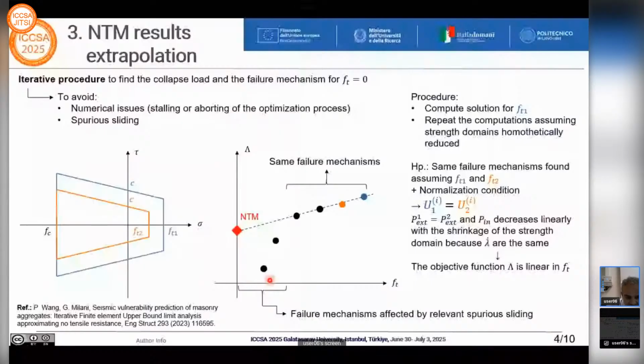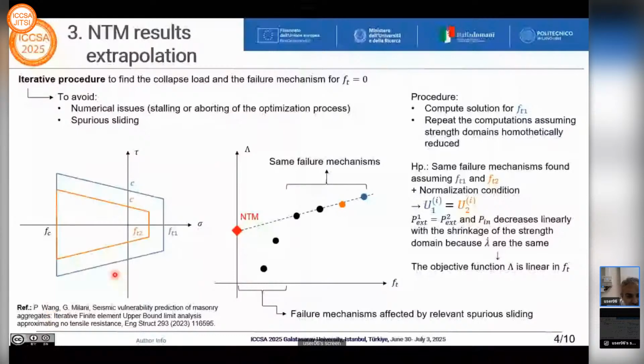So the idea that we presented to circumvent such numerical problems, which are purely numerical, is pretty simple conceptually. It was published by me and one of my PhD students: to shrink the failure surface progressively to zero.